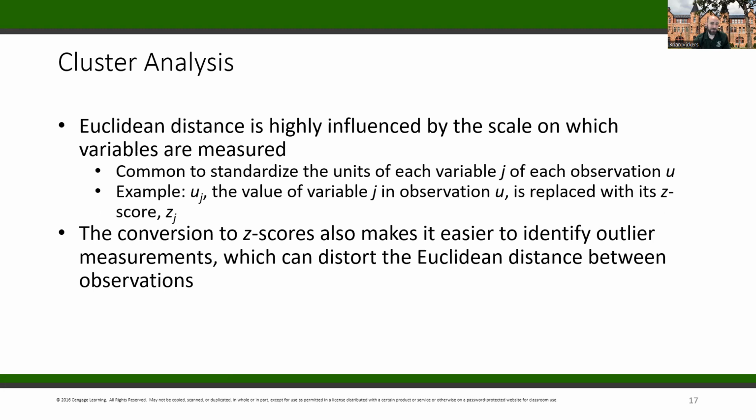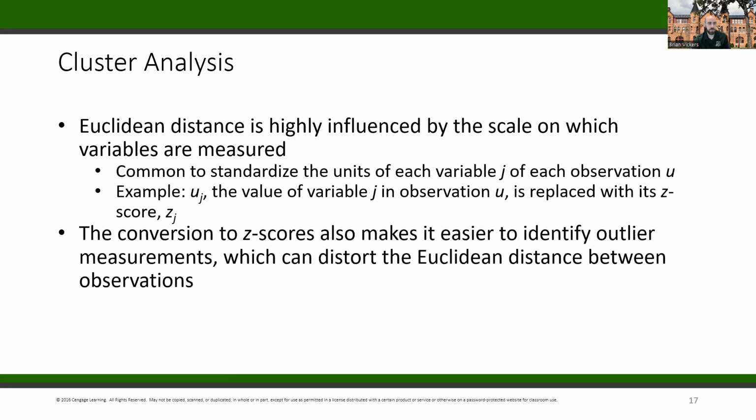Euclidean distance is influenced by the scale. So when you have huge variations in the numbers, the distances are going to get further, right? If you have salary, huge variation, versus 1 to 2 children, not as huge of a jump.